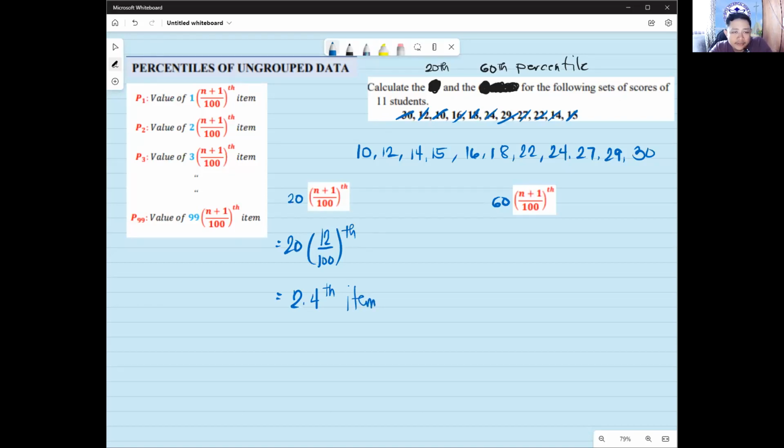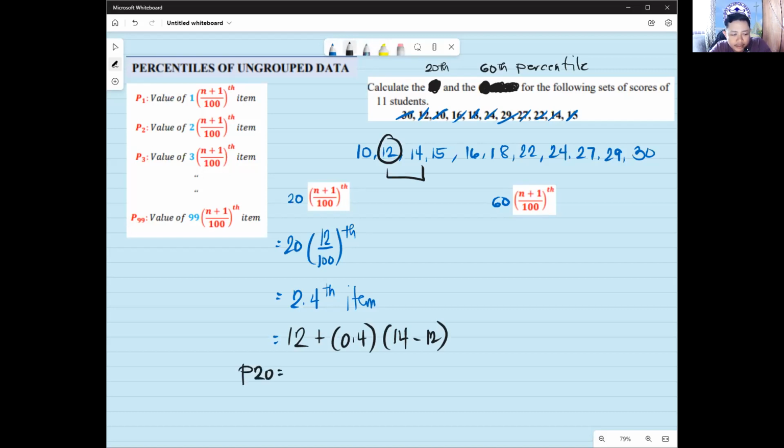So after that, of course, let's just get our 2, which is the second item, which is 12. And then add it with the 0.4 of the difference of the following numbers, which are 14 minus 12. So therefore, the answer here will be, type the answer in the chat box, please.